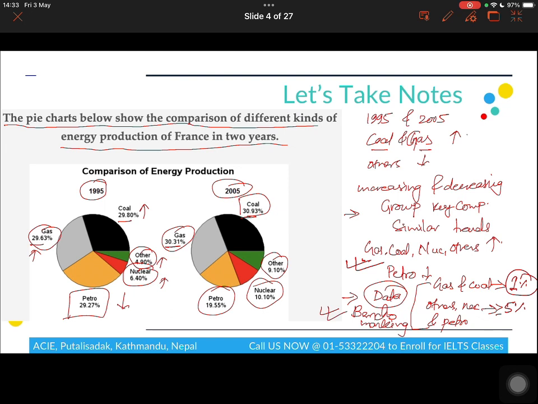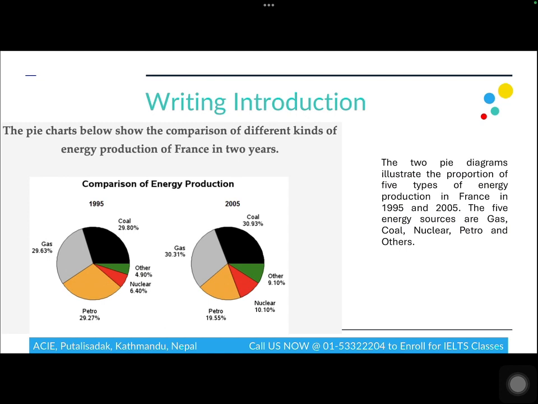Now this was all about making notes for this question, and let us move on to writing the introduction for this question. As we have identified the type of diagram, we have also paraphrased the question, and we know that we cannot copy more than two consecutive words from the question, right?